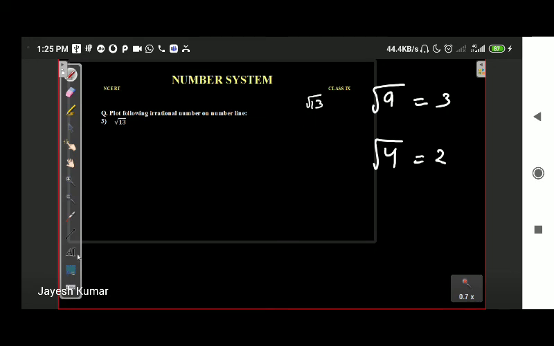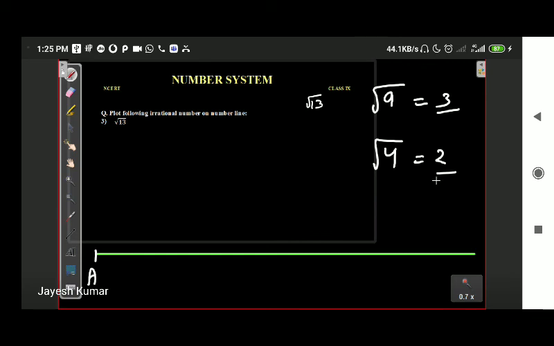So let's start with the diagram. This is our number line. I am starting with point A. I have to take one side as 3 centimeter and one side as 2 centimeter. With the help of a scale, I will take the base as 3 centimeter and the height as 2 centimeter.